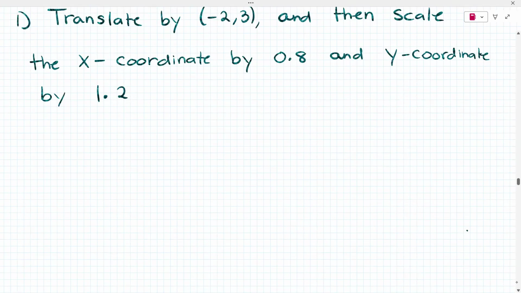So what we're going to do first is make this into a 3D. We had an x comma y. Now let's make it into 3D: X, Y, Z, and then my Z is 1, because we're not going to touch it.